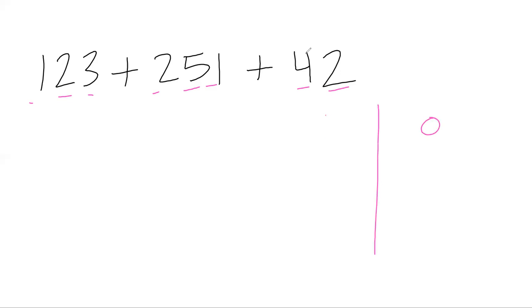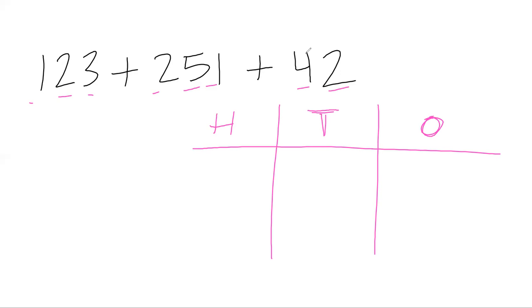And again, if you're feeling comfortable, you can use letters to represent: O for ones, T for tens, H for hundreds. Again, we're just going to model each number. 123. So that's 3 ones, 2 tens, and 100. Looking at it as expanded form is really what we're doing.